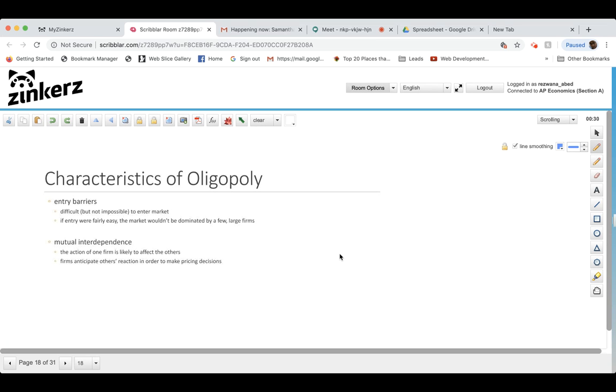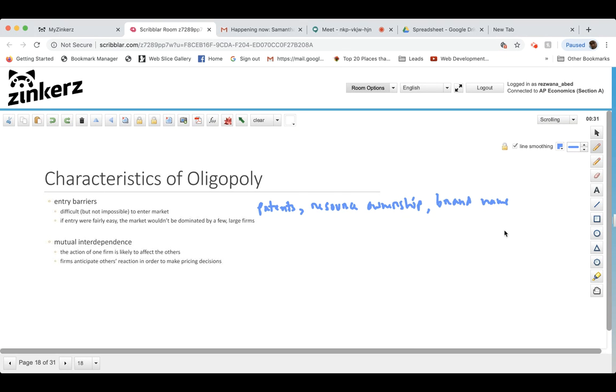Then we talk about barriers to entry. So there are barriers to entry in the oligopoly market. It's difficult, but it's not impossible as it was with monopoly to enter this market. The most common barriers to entry include patents, resource ownership, and brand name recognition.